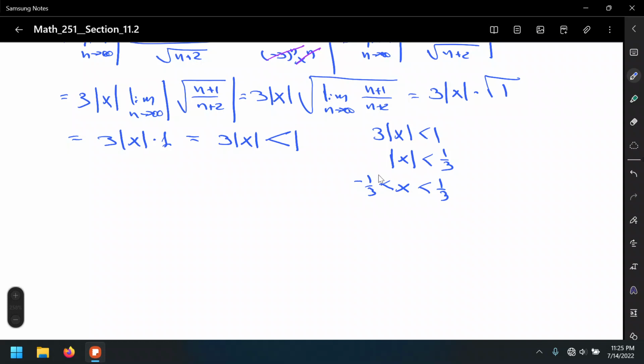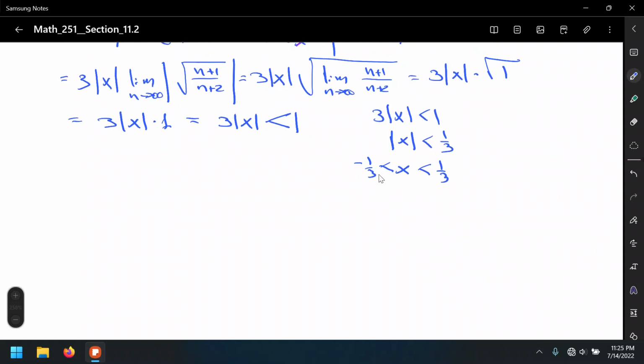So that means we could say that the interval of convergence is negative 1/3 to 1/3. However, it is to be determined whether these endpoints are both parentheses, maybe both brackets, or maybe one bracket and one parenthesis, just like before.